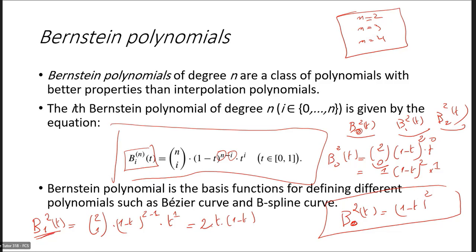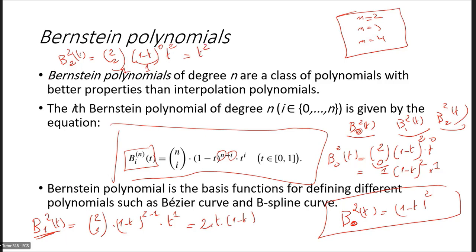Then we calculate B2,2 of t. We have 2 choose 2, which is equal to 1, multiplied by (1 minus t) to the power of 2 minus 2, which is the power of 0, multiplied by t to the power of 2. So we have just t squared.